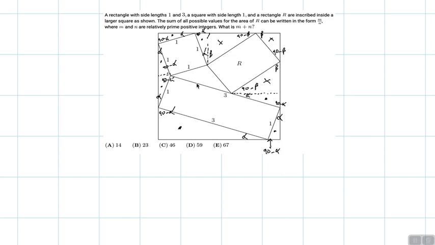So from here we can start labeling sides, noticing which triangles are congruent. All of these similar triangles that I've dotted that have the hypotenuse of 1 are congruent. So we can label those sides.